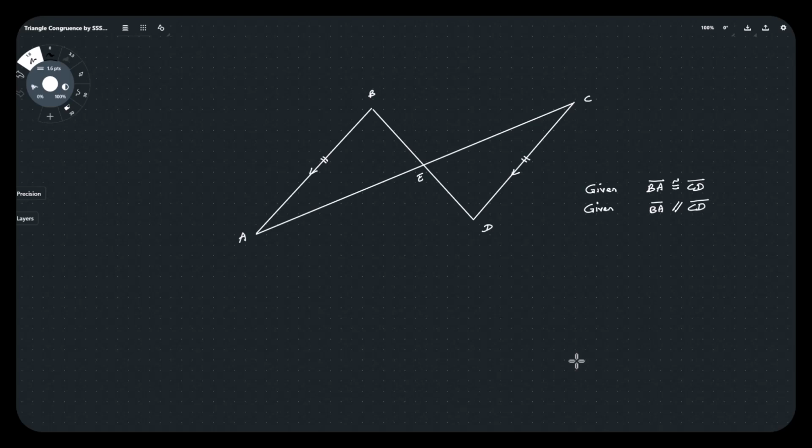Those are good. I know that angle AEB is congruent to angle CED because those are vertical angles.